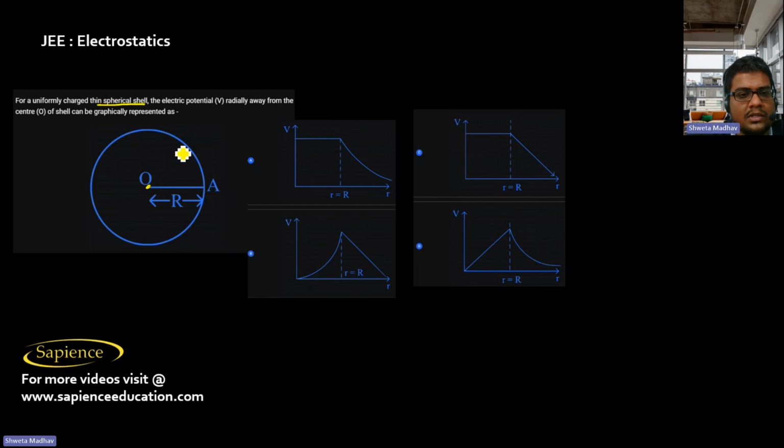So it is a thin spherical shell, so net charge Q is distributed uniformly on the surface.